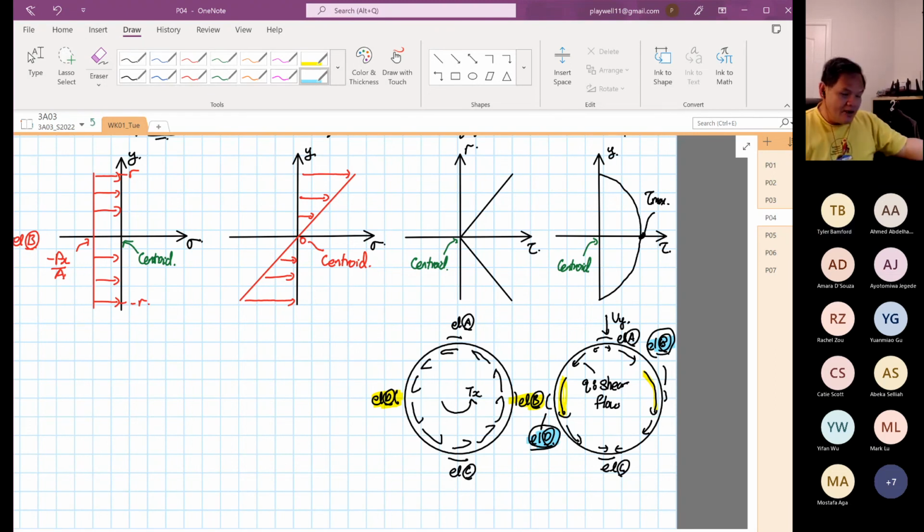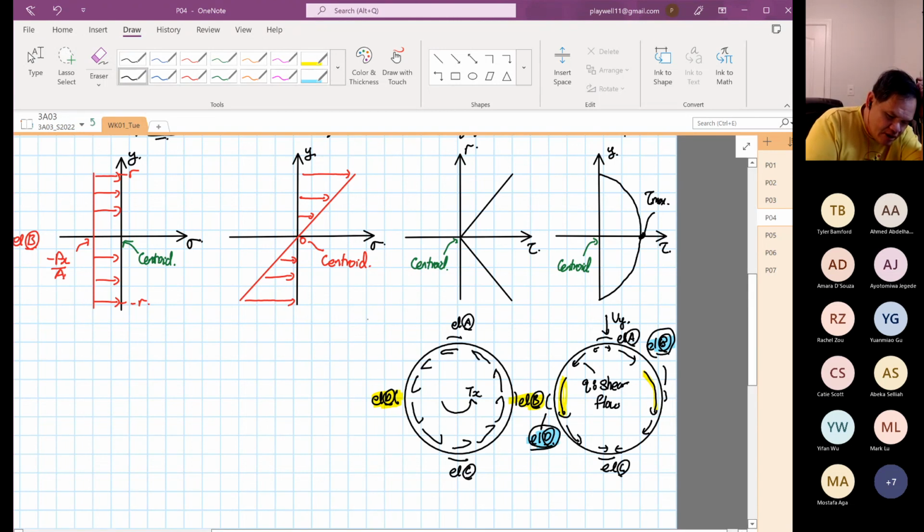You're absolutely right. Now, why is Tyler right? If you look at the torque, the shear stress is coming down in this direction, and if you look at the shear force or shear flow, it's in the same direction, yes or no?